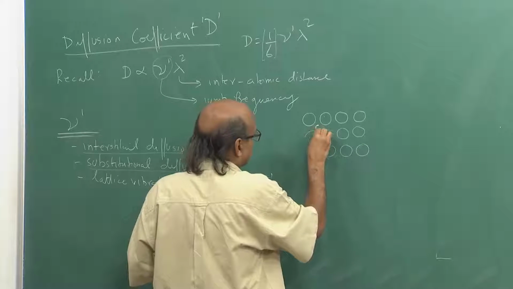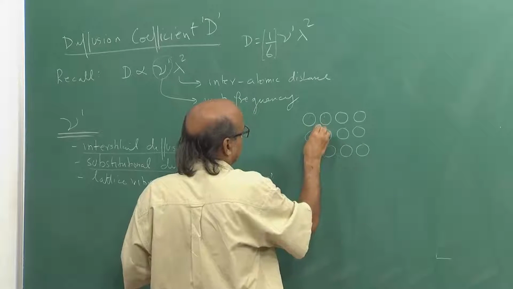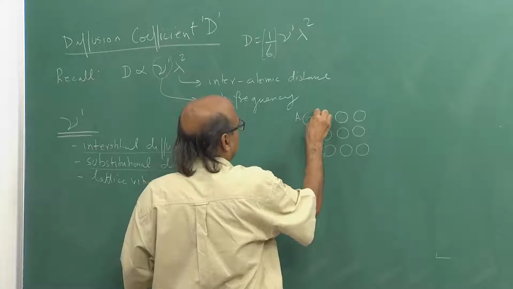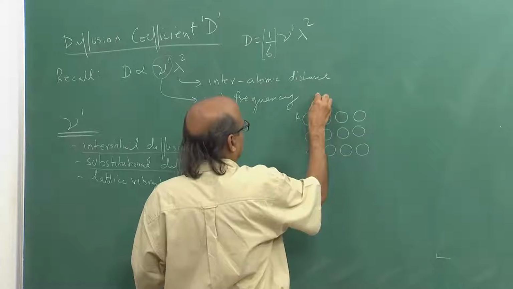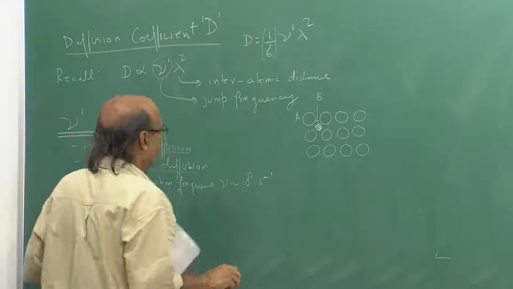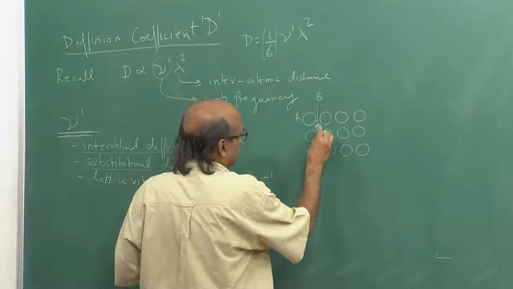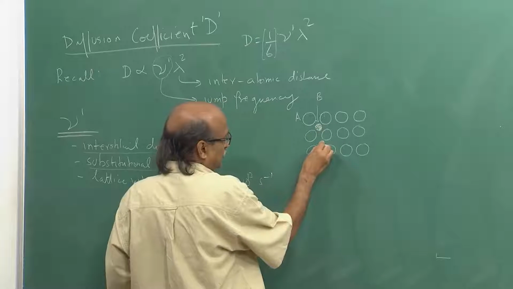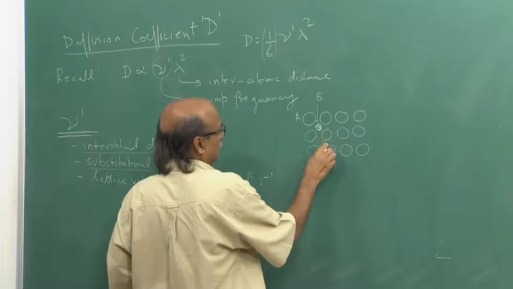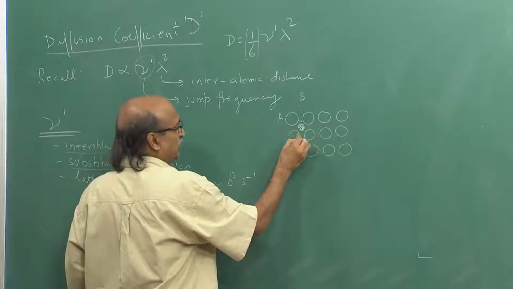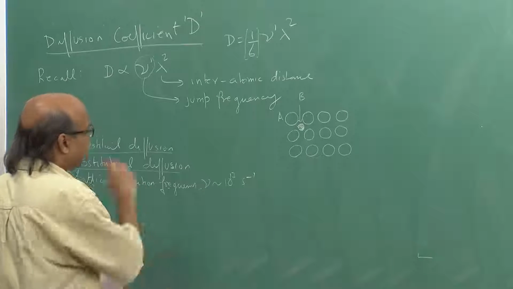So, imagine that this is an interstitial atom. This is atom A and out here is atom B. Now, if it has to jump from one interstitial site to another interstitial site out here, it has to squeeze between these two atoms.